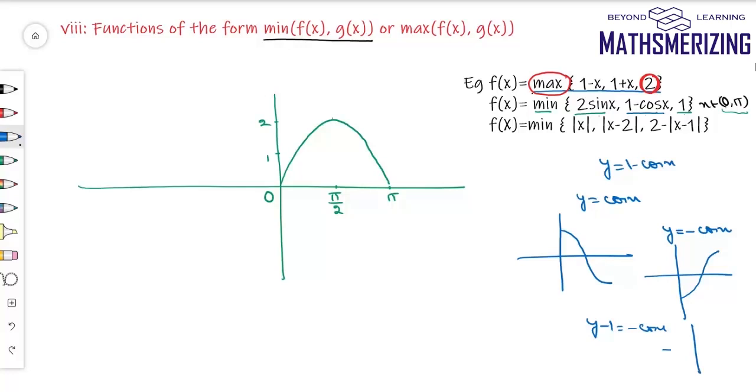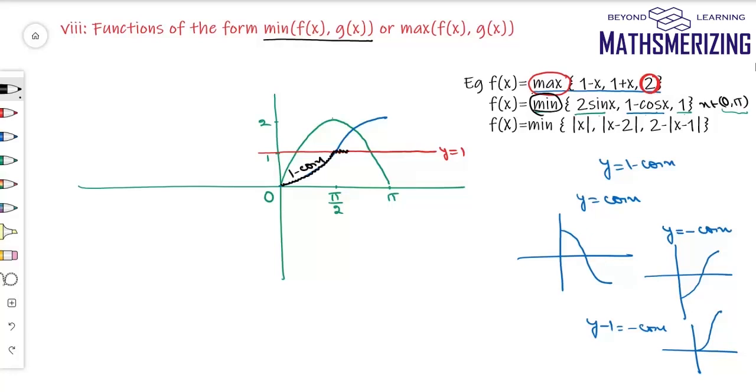Shift the entire graph plus 1 unit along the y-axis. So the graph of y equals 1 minus cos x will be the graph in blue. And finally, I'll draw the straight line, which is y equals 1. Now for the minimum value, I need to choose the graph which lies below the given graphs. So between 0 and pi by 2, I'll choose 1 minus cos x.